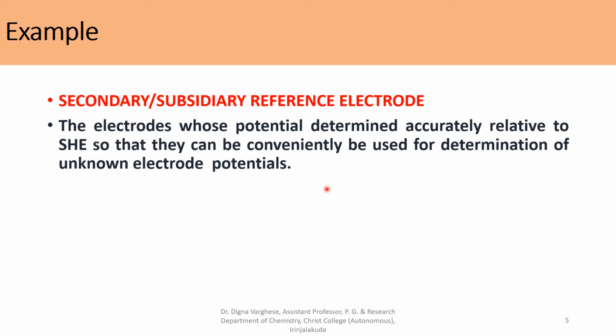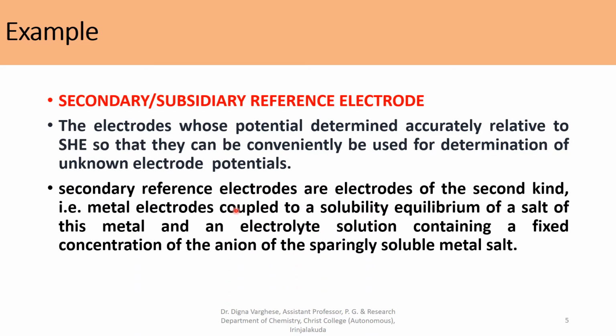Secondary reference electrodes are electrodes of the second kind, that is, metal electrodes coupled to a solubility equilibrium of a salt of this metal and an electrolyte solution containing a fixed concentration of the anion of the sparingly soluble metal salt.